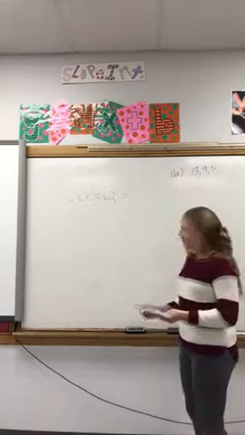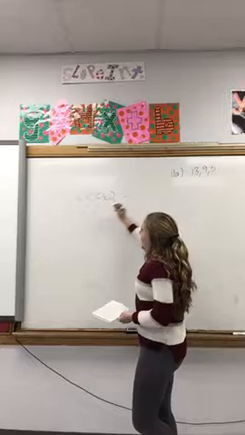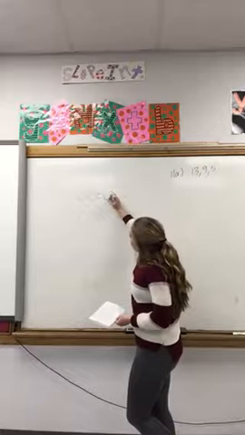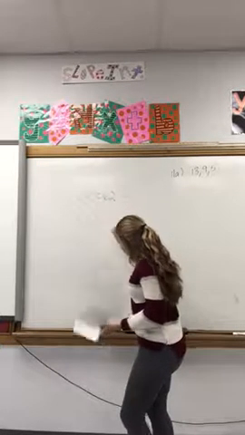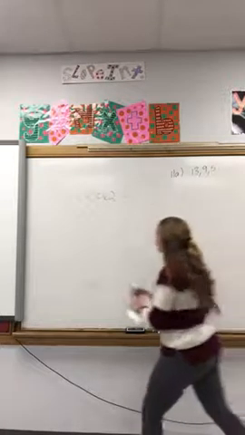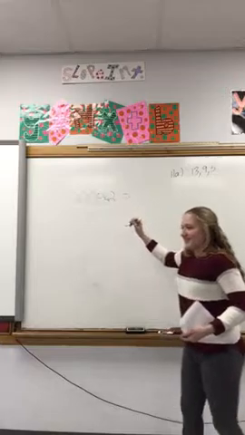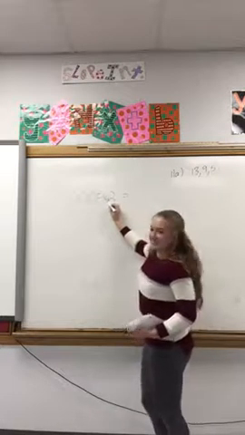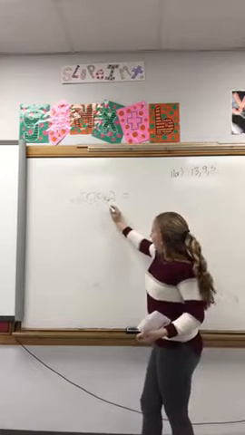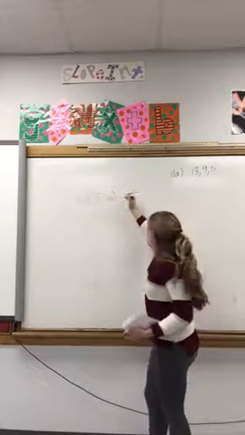Is it 2.6 times 10 to the 4th power? It would be 6. You need a better number. It would be 6.2. Okay, because that has to be one number.